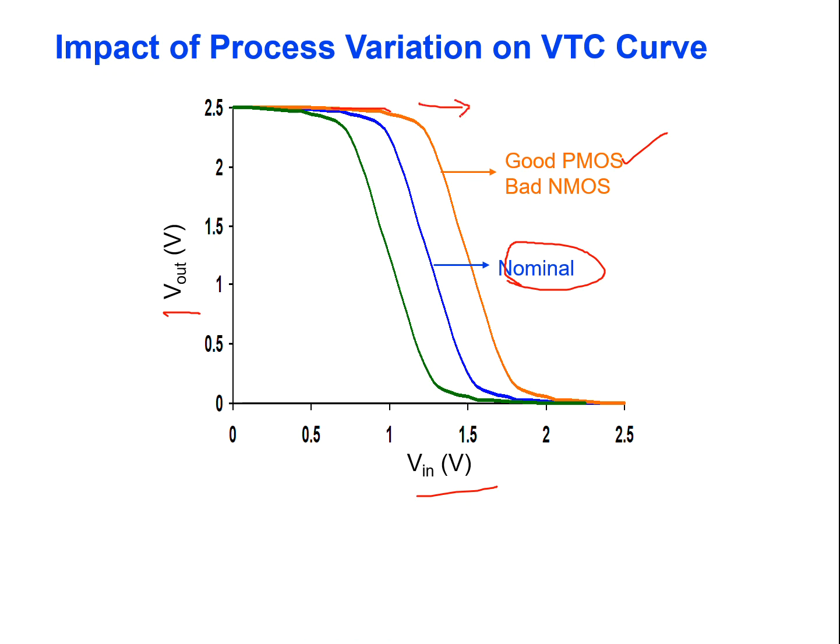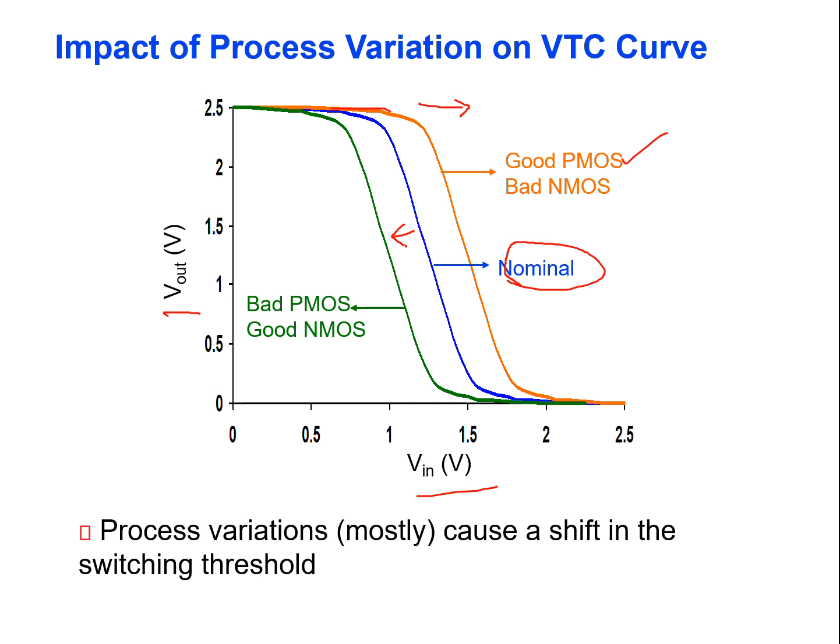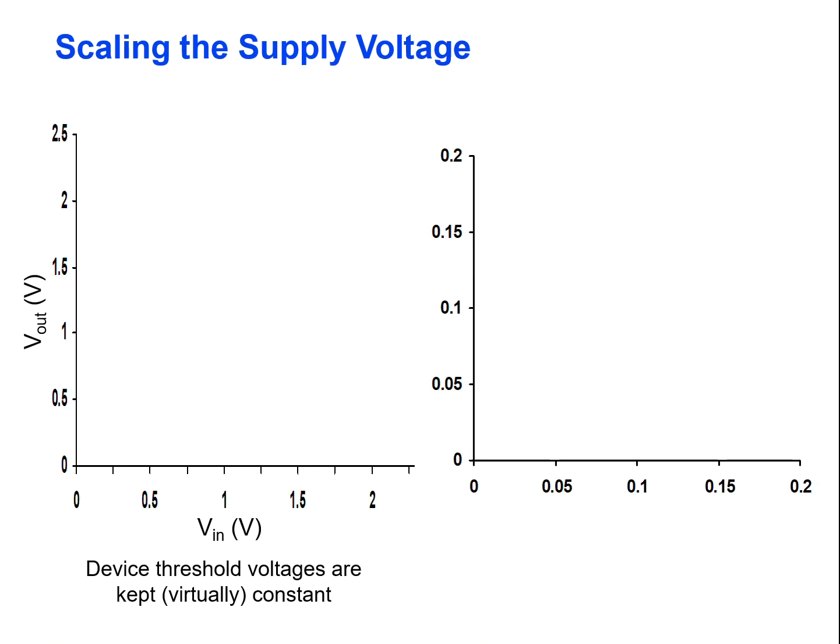And if there exists a bad PMOS and good NMOS, your curve shifts below the nominal value. If you get good NMOS, it is below the nominal value; if you get good PMOS, it is above the nominal value. This is the basic impact of process variations on the VTC curve. So this may cause a shift in the switching threshold.